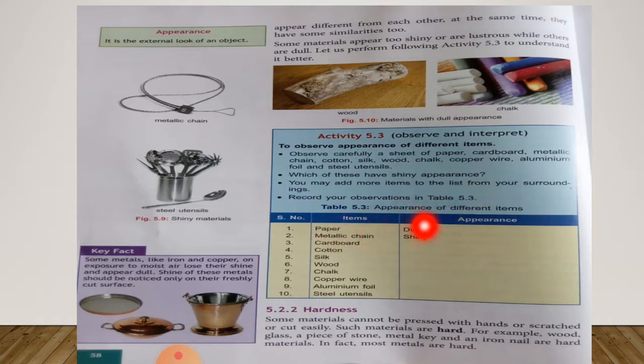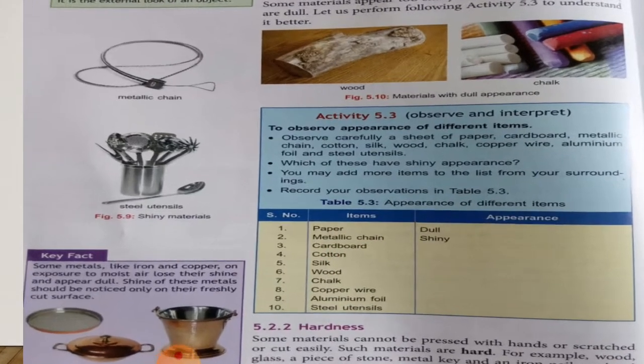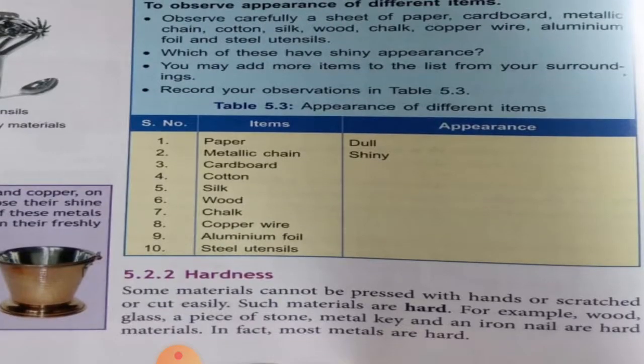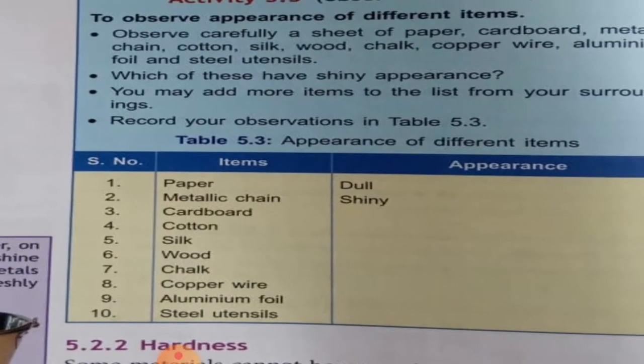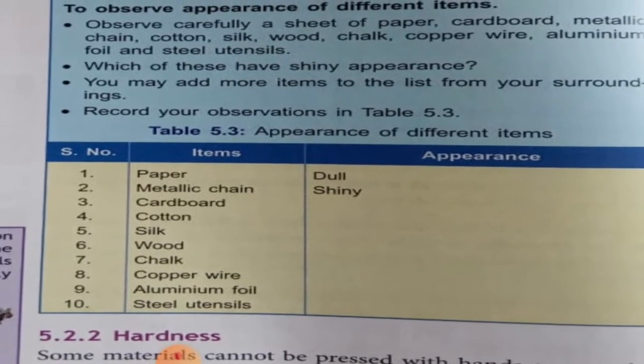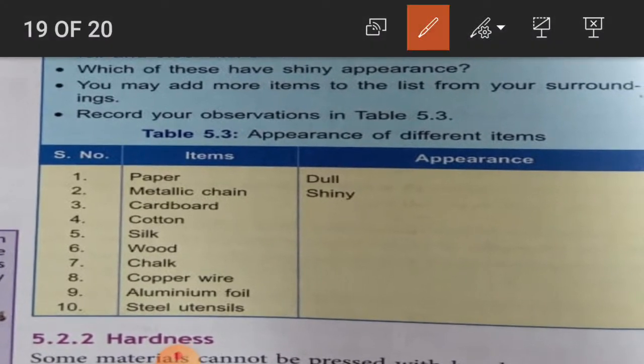So, you can see a list of 5.3. Here, some examples are given like paper. Paper has dull appearance. Metallic chain has shiny appearance. Now the cardboard. You all have seen cardboard. Cardboard has dull appearance.